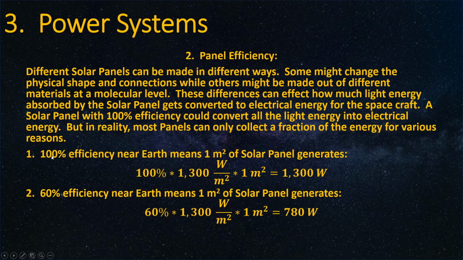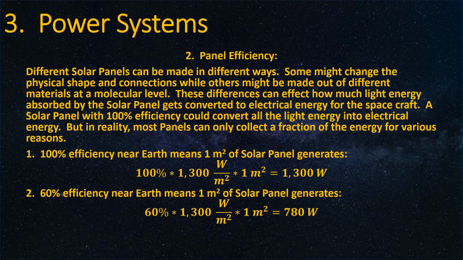In my examples, if we had a solar panel with 100% efficiency near Earth, and we had 1 square meter of solar panel, then we would have 100% efficiency times 1,300 watts per square meter times 1 square meter, which gives us 1,300 watts that the solar panel would generate. If you had 2 square meters, we would end up with 2 square meters times that, which would be 2,600 watts.